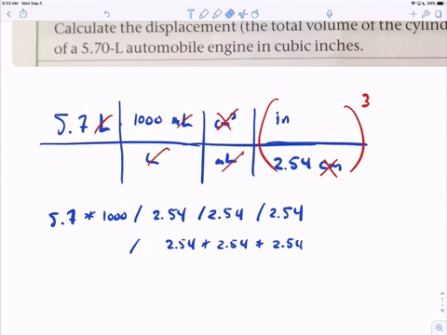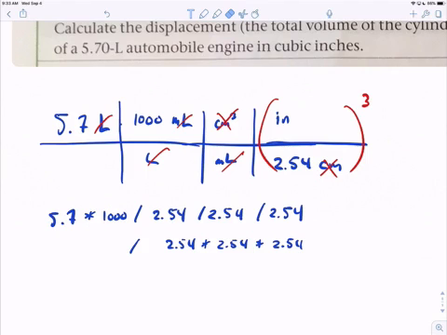This is 5,700 divided by 2.54. That's about 2,500 divided by 2.54. That's about 10 divided by 2.54. That's about 4. Is that the right answer? No, that's too many. I'm not doing my math in my head right. Oh, it's 400. I'm off by a factor of 100.